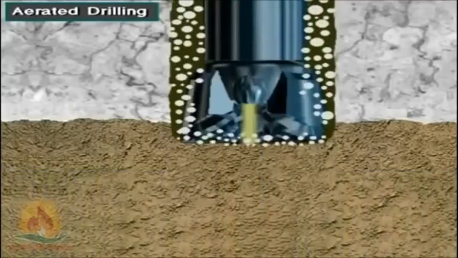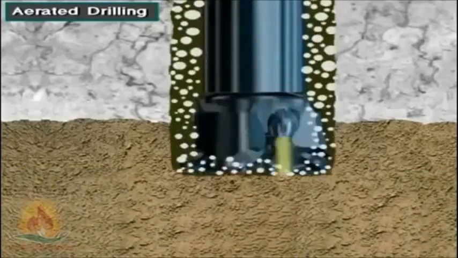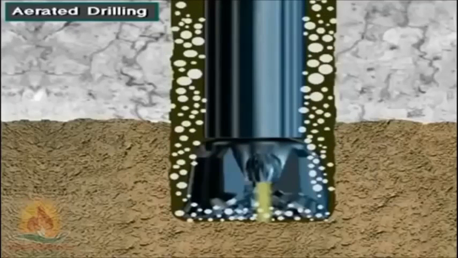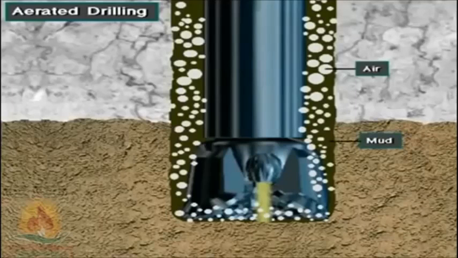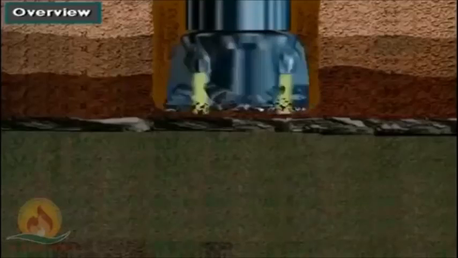In some cases, the rig operator may use aerated mud, which, like foam drilling, helps prevent clogging of the wellbore. Aerated drilling uses both mud and air, pumped into the standpipe at the same time. When circulated down the drill string and up the hole, drilling mud serves many functions.